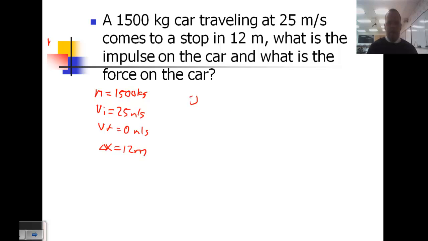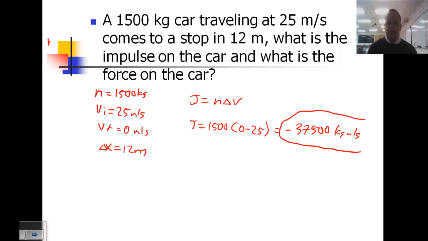Here we can find the impulse by doing mass times change in velocity. So 1,500 times 0 minus 25, which means we'd have an impulse of negative 37,500 kilogram meters per second, or newton seconds.